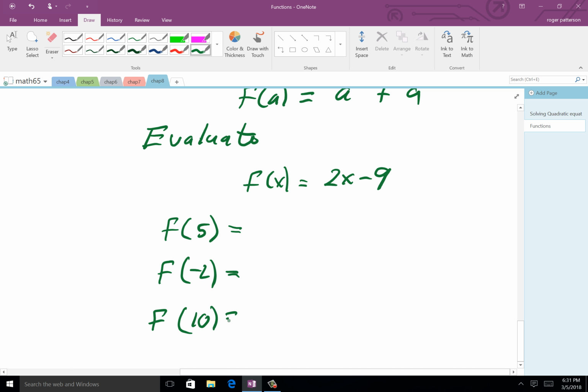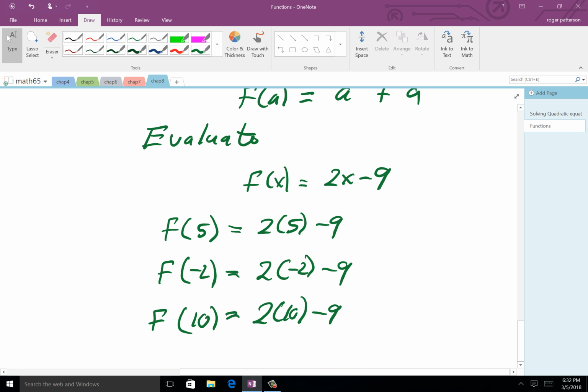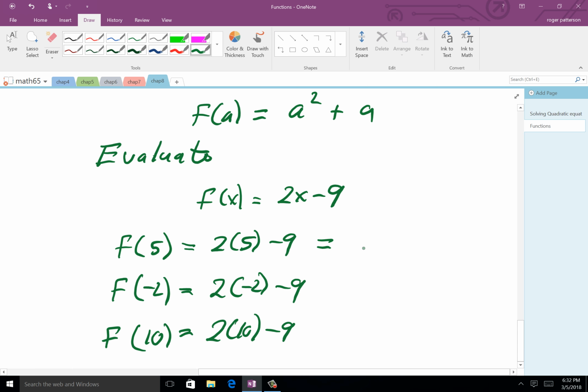Well, this is f of x right here. This is 5, so it makes sense that wherever we see an x, we're just going to put a 5 right there. And that's exactly what you do. So you're just going to go 2 times 5 minus 9, 2 times negative 2 minus 9, and 2 times 10 minus 9.